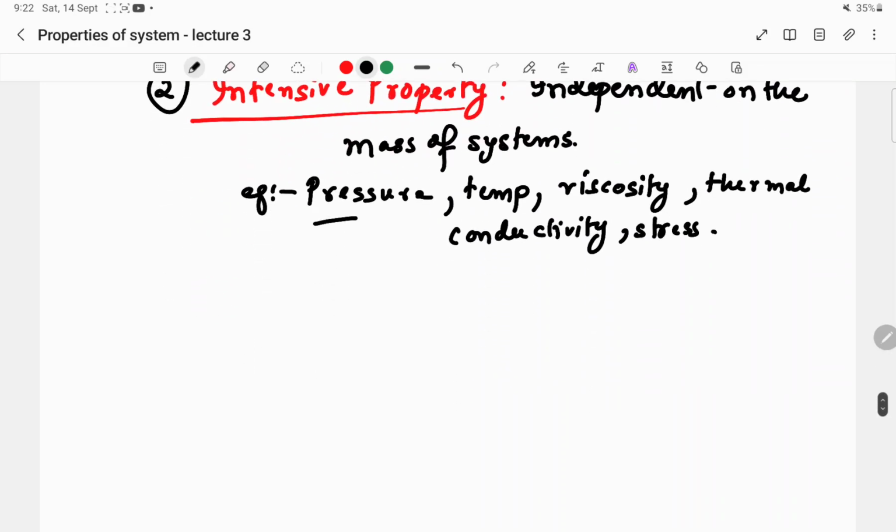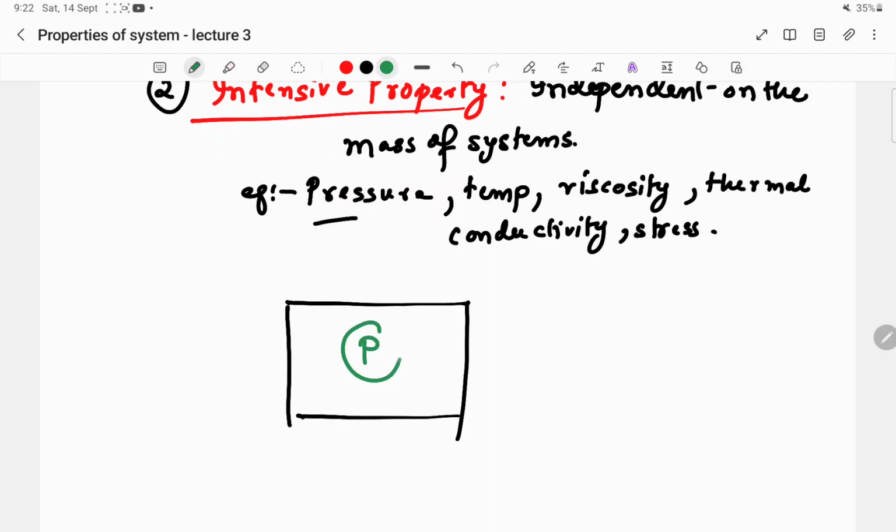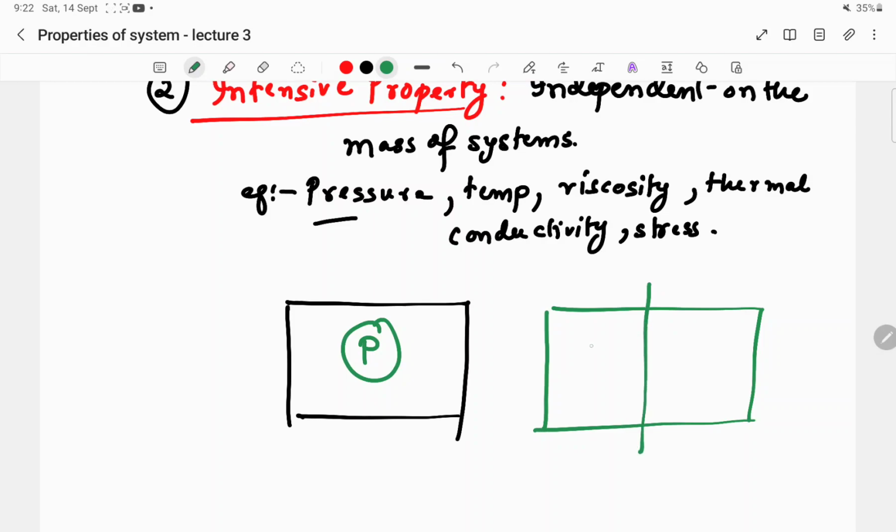Okay, so let me explain this with the same room thing. See, suppose there is this room and there is a pressure, let's say P. So if you divide this room, the pressure will not be P by 2 and P by 2. The same room, let's say it's part 1 and this is part 2. Both parts will have the same pressure.